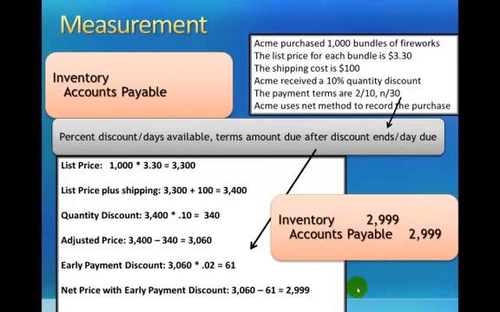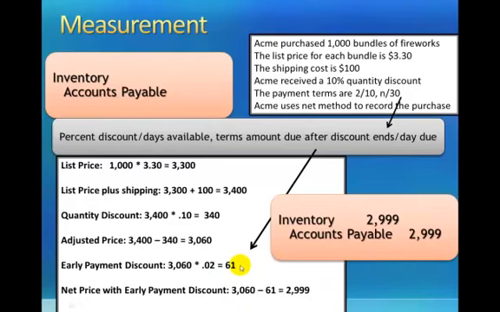We would still take into consideration the quantity discount as well as the shipping charge. Again, the difference between gross and net is that net subtracts out the early payment or the cash discount before recording the inventory acquisition. The gross method does not take out the $61 early payment or cash discount before recording the transaction.